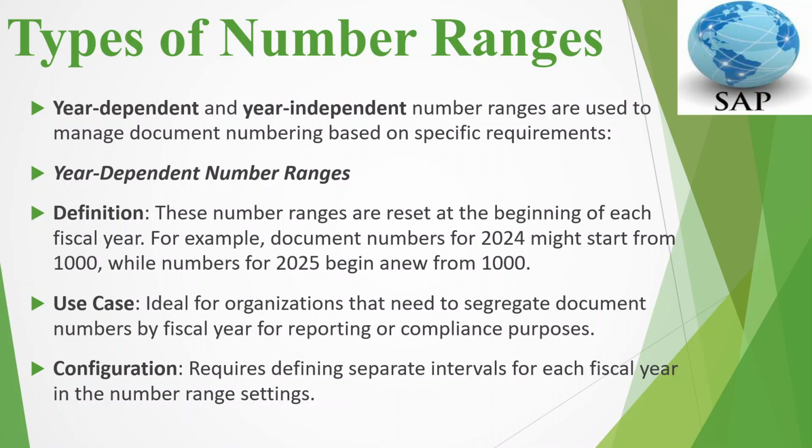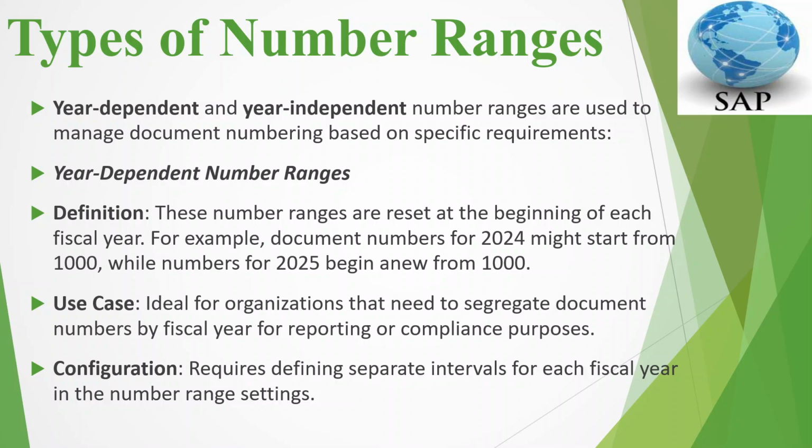For example, document numbers for 2024 might start from 1000, while numbers for 2025 begin anew from 1000. That simply means every year the number ranges will start from the same place once again, the same numbers once again, and that is why it is called year dependent number ranges.